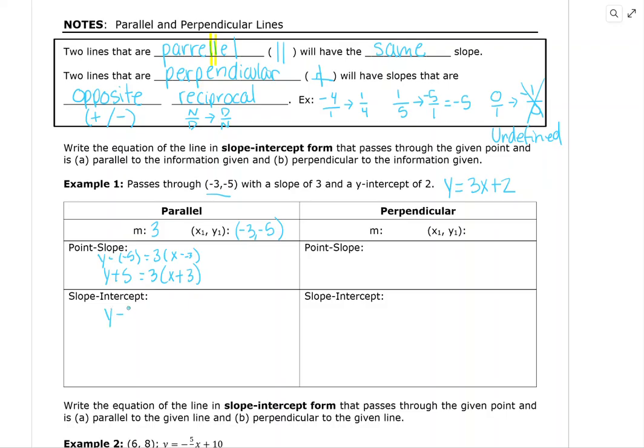So y plus 5 equals 3x plus 9. And then we're going to subtract 5 from both sides to get y by itself. And we're left with y equals 3x plus 4.